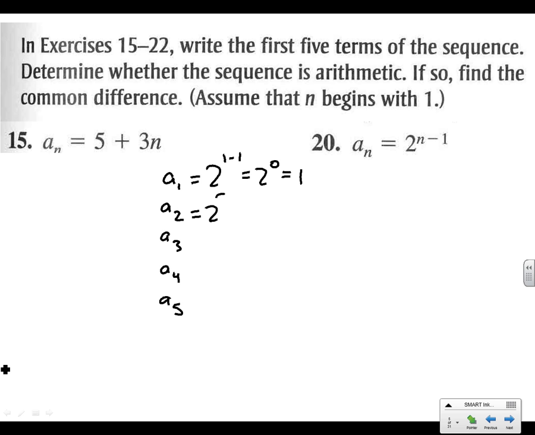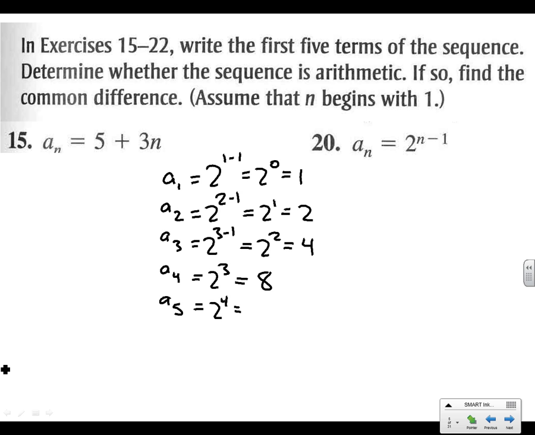If I plug in 2, we'll have 2 to the 2 minus 1, which is 2 to the first, which is 2. If I plug in 3, we'll have 3 minus 1, which is 2 squared. I think we can see the pattern here. This is 4, so the next one's going to be 2 cubed, which is 8. And the next one's going to be 2 to the 4th, which is 16. So our first 5 terms are 1, 2, 4, 8, and 16.